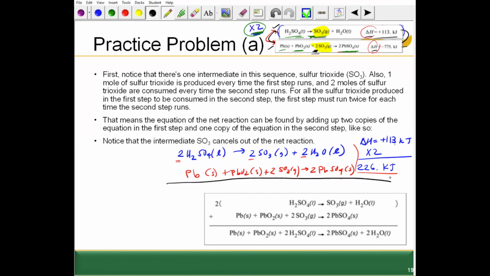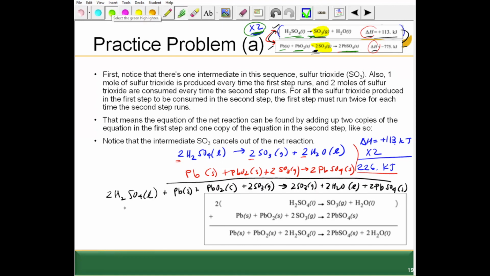When we add these reactions together, we're going to put all of our reactants on one side, and all of our products from both of these reactions on the other. Then we see, can we cancel out anything that shows up in the same form on both sides of the equation? Well, here is 2 moles of SO3 gas, and 2 moles over here.